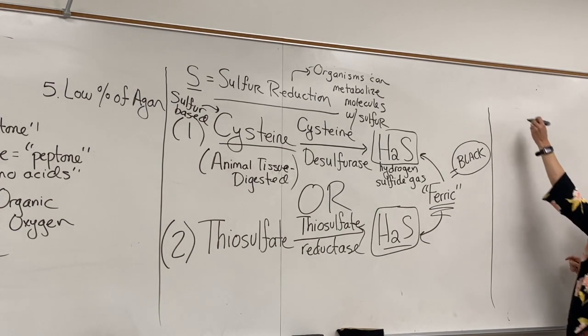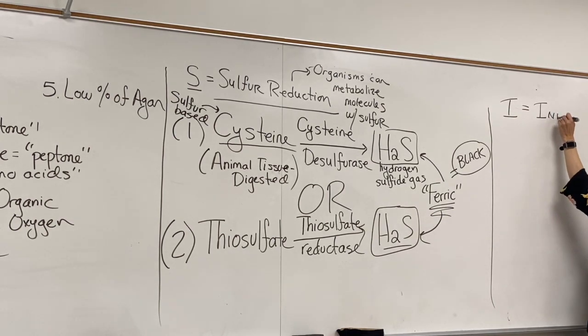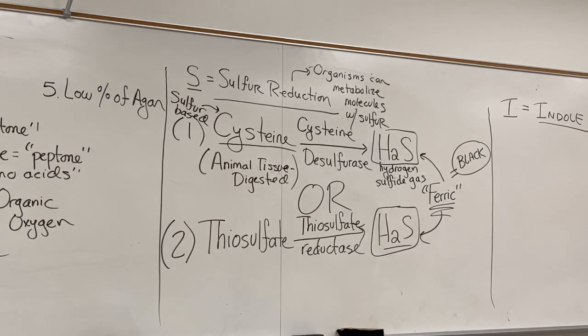All right, we have the I part. I is representing indole. And I'm going to put a star because this is kind of the whole point really of doing the lab, because it's part of that IMVIC that we mentioned last week.